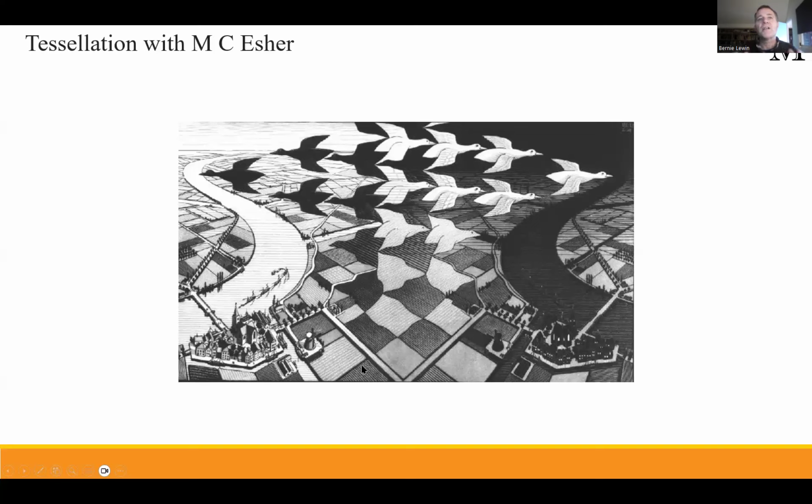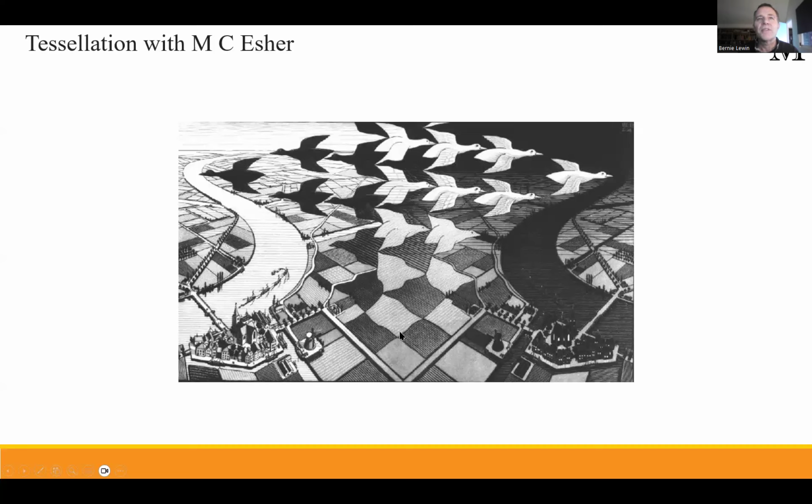He would start off with a square or a hexagon, and he'd modify it and modify it and modify it, and then he would get these shapes that he would tessellate together, often where the background and the foreground are different shapes, different animals. We can see the pattern moving this way.